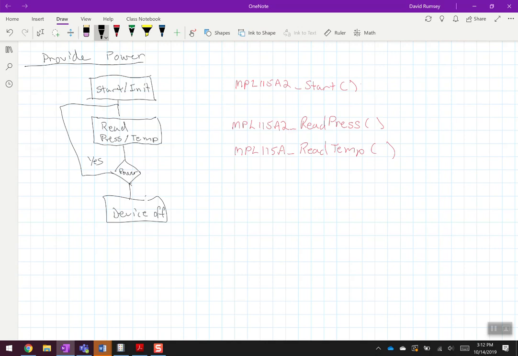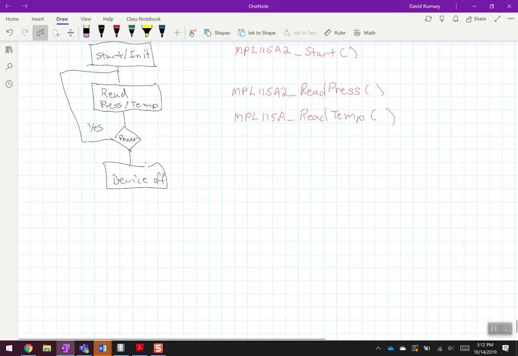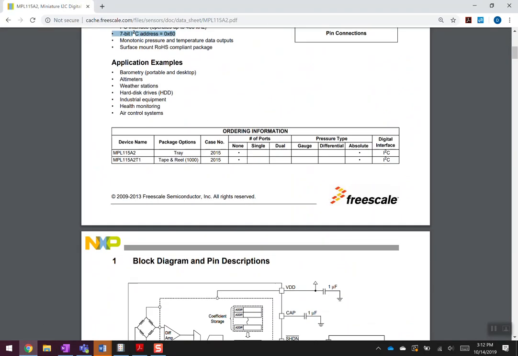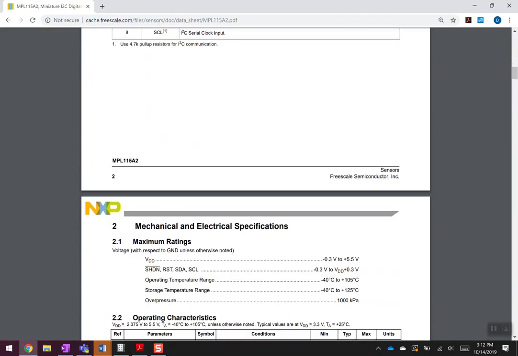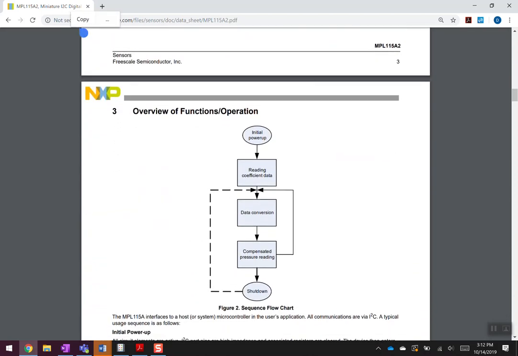Okay, so let's think about what we need to do in these start and initialize things. According to the data sheet, if we go back and look at what their block diagram says, it's reading the coefficient data. That's after the initial power up.